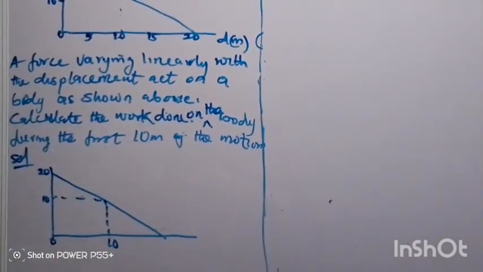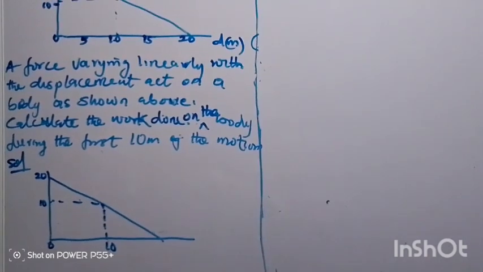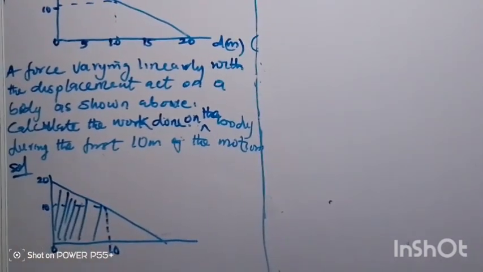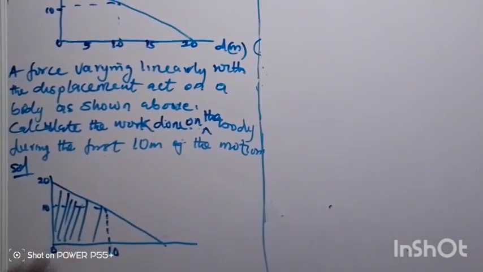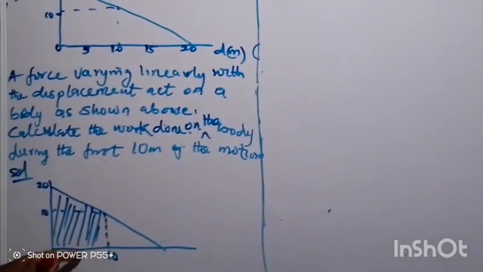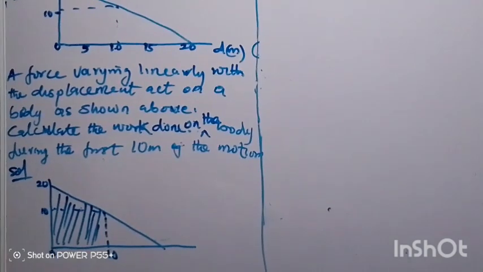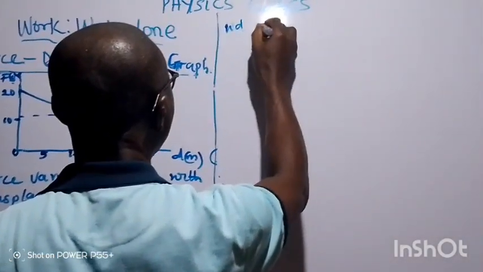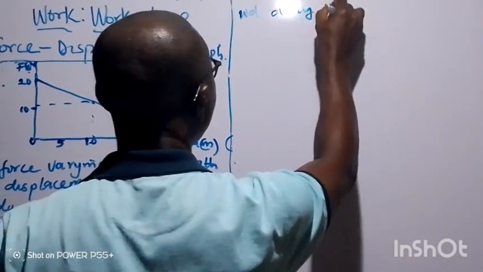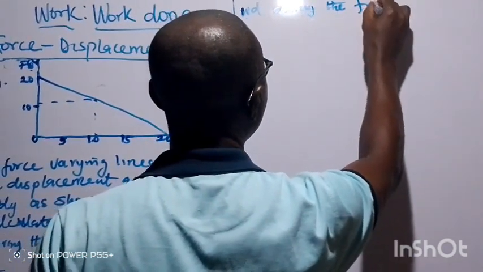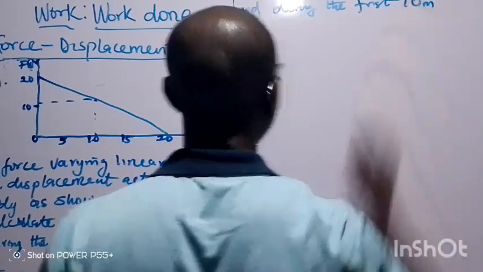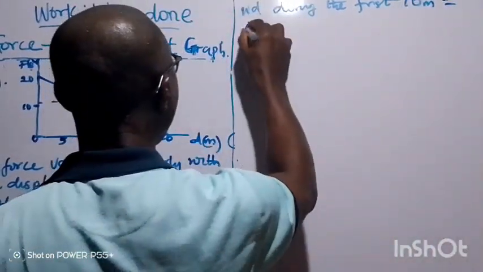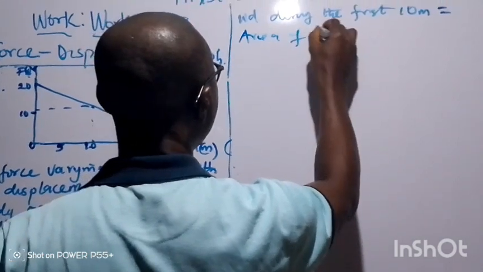So if you look at it now, consider the work done along this shape. We can now say that this shape in mathematics is a trapezium. We can now say that the work done during the first 10 meters is equal to the area of the trapezium.